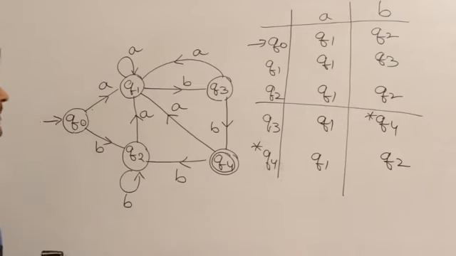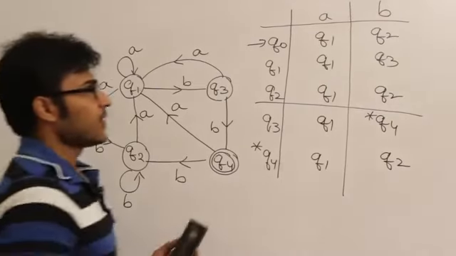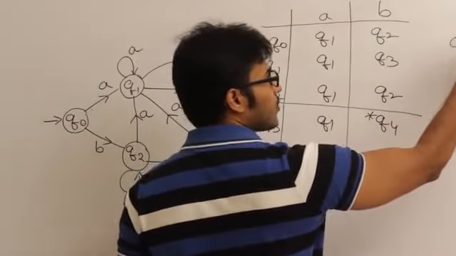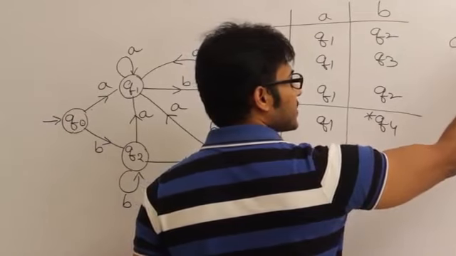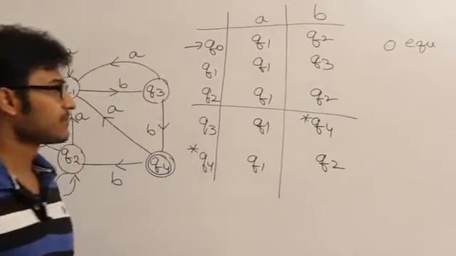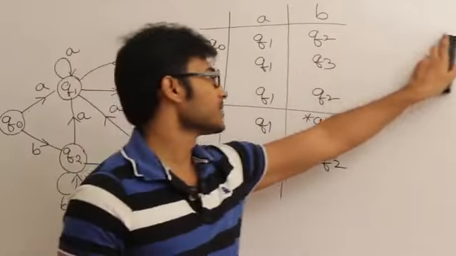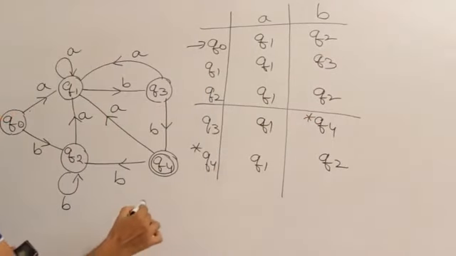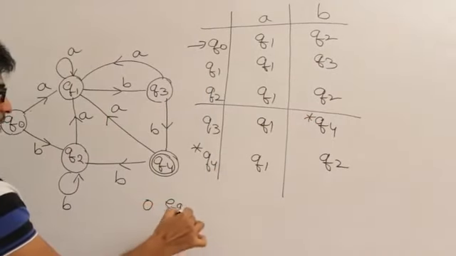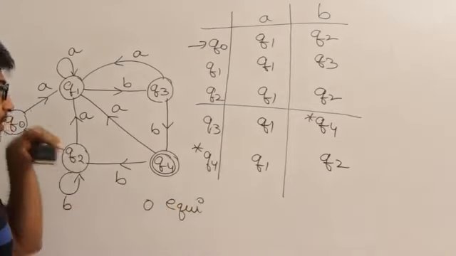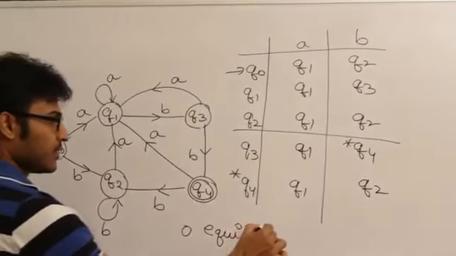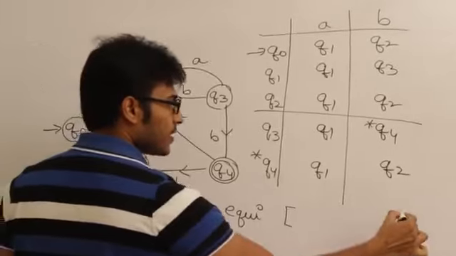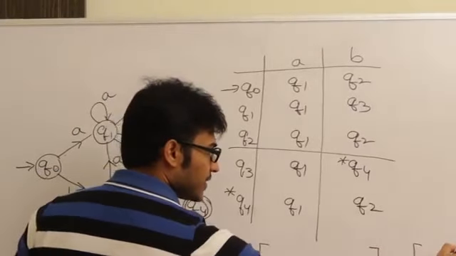Okay. Now the first point is to try to find out the zero equivalent sets. I'll write here zero equivalent sets. Zero equivalent sets are nothing but separating non-final states from final states.